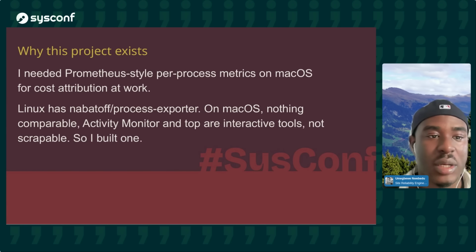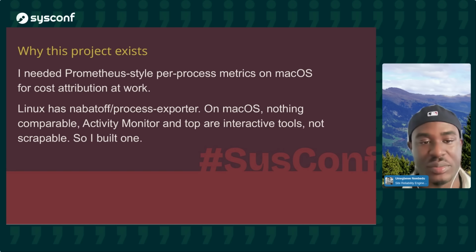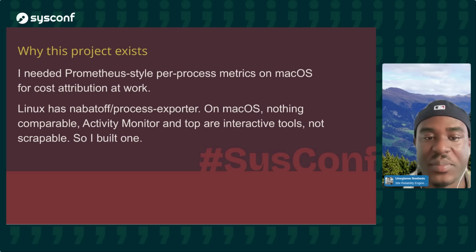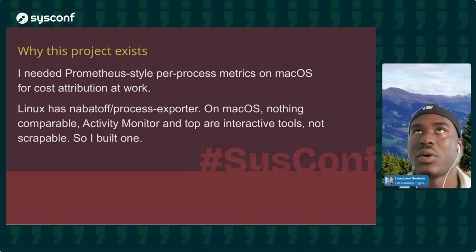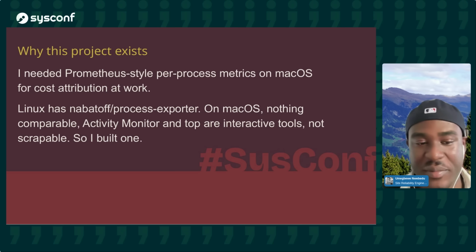So, why does this project exist? I needed Prometheus style per process metrics on macOS for cost attribution on a product I'm building. Sadly, there's no decent process exporter on macOS. Linux has this wonderful project called Namedprocess or process exporter, and it works really well.